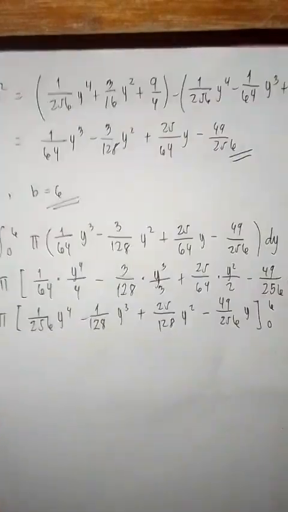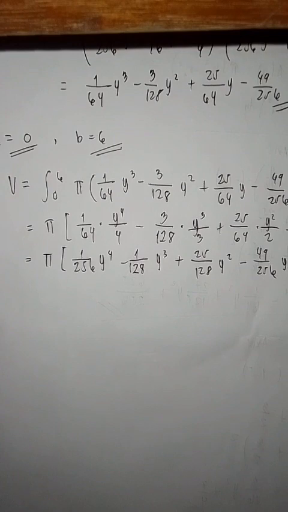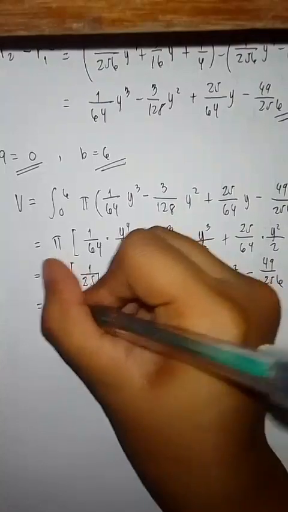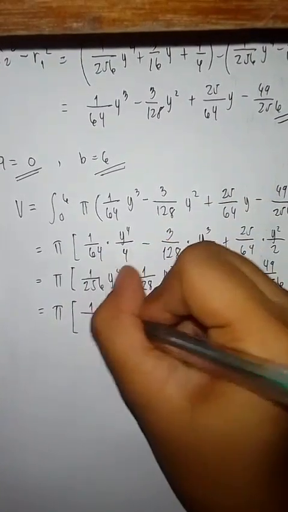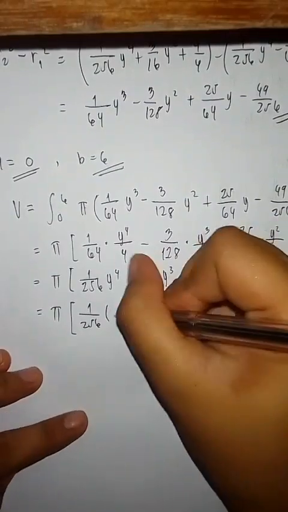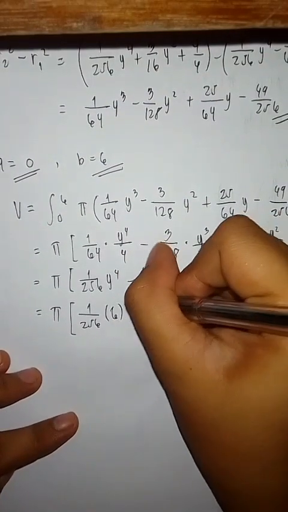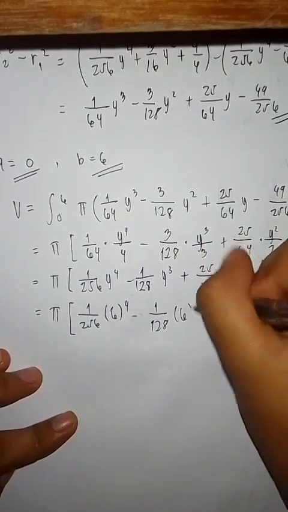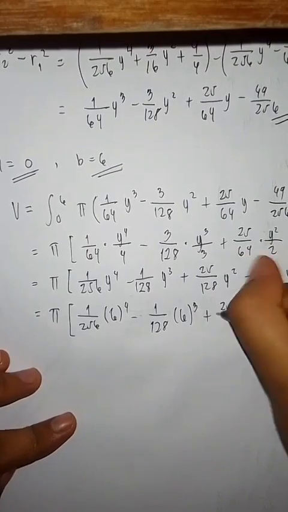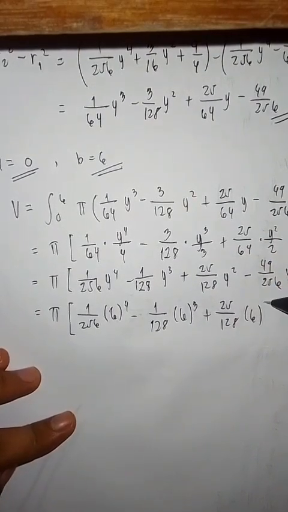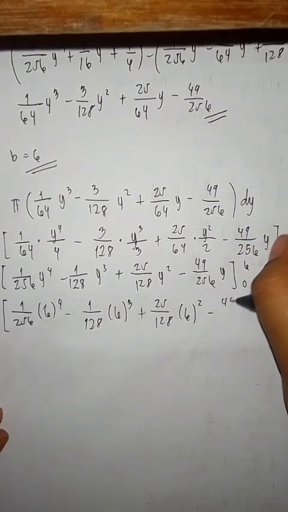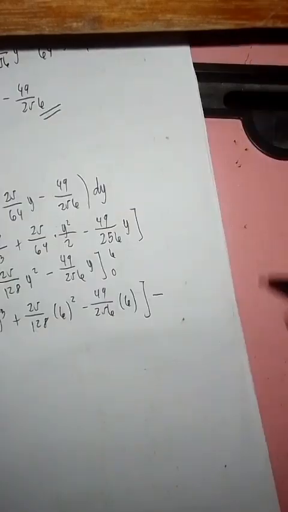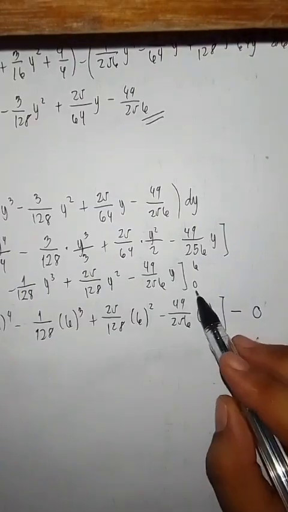So we can now perform the formula, and this will become now pi times (1 over 256 times 6 raised to 4 minus 1 over 128 times 6 raised to 3 plus 25 over 128 times 6 raised to 2 minus 49 over 256 times 6) minus 0, since our a is 0.